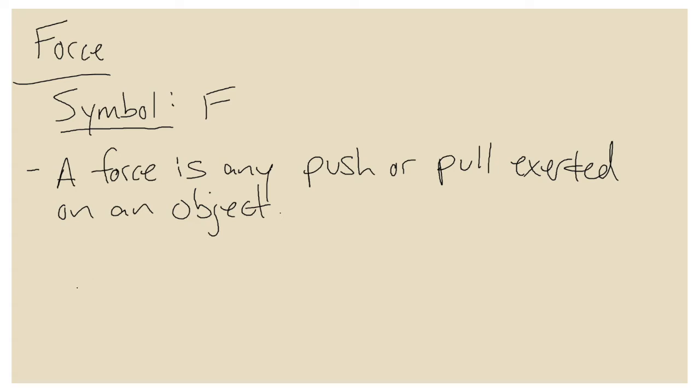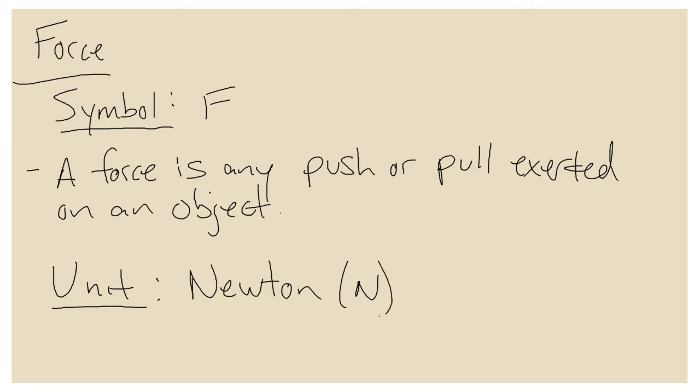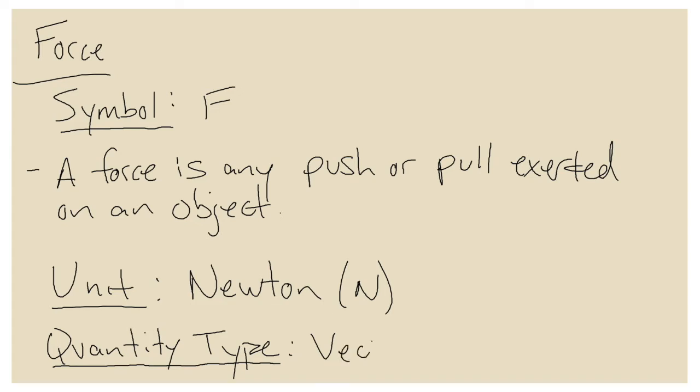And the last thing we'll say here, which is really the only thing you need to know for now, is that the unit for force is a Newton, because you will see that here in a minute, which is given the abbreviation uppercase N. And we'll just say here also, which should not be a mystery based on everything we've said so far, a force is a vector.